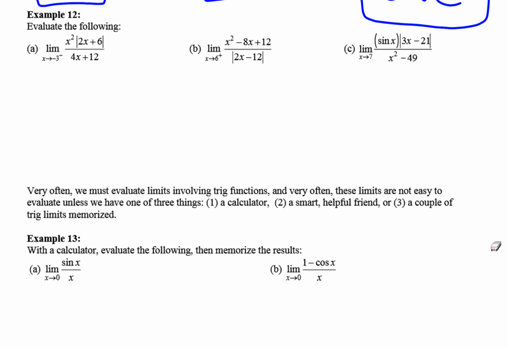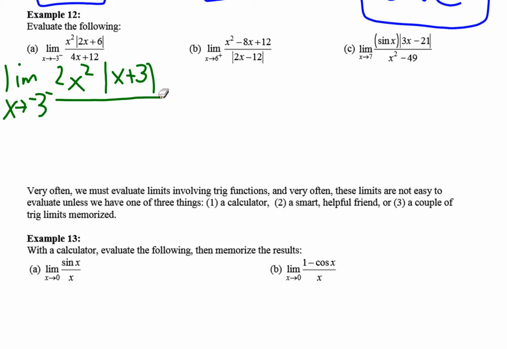So let's see. This one, we can look at separately. We have x squared on top. I'm going to put the 2 out there. I'm going to factor this out, and I get x plus 3. I bet on the bottom we can factor something out, 4, and end up with x plus 3. So I'm going to look at these two separate functions. Reduce this, make that a 2.